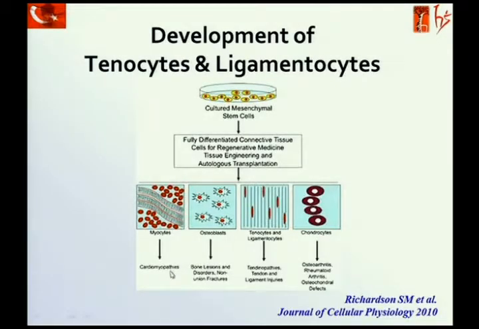In cardiomyopathies, you can see the myocytes are the major component. In bone lesions and disorders, osteoblasts are the major component. In tendinopathies and ligament injuries, tenocytes and ligamentocytes are the major component. In osteoarthritis, chondrocytes are the major component.